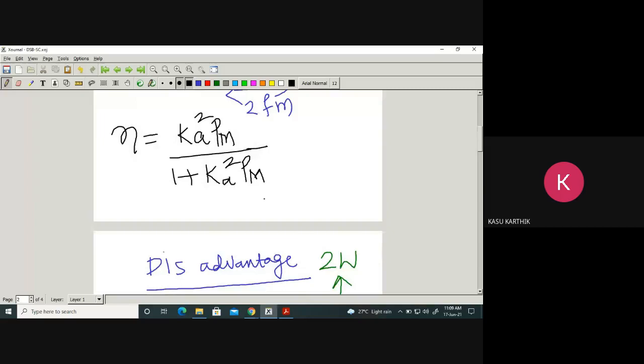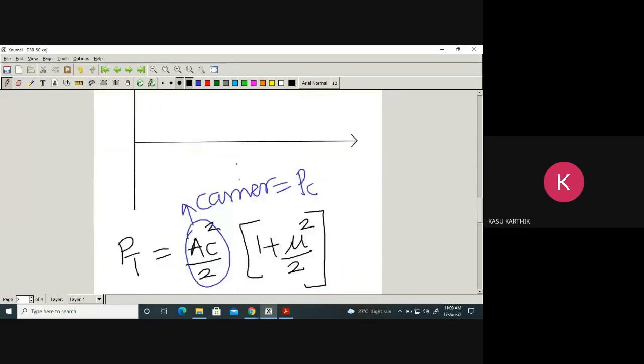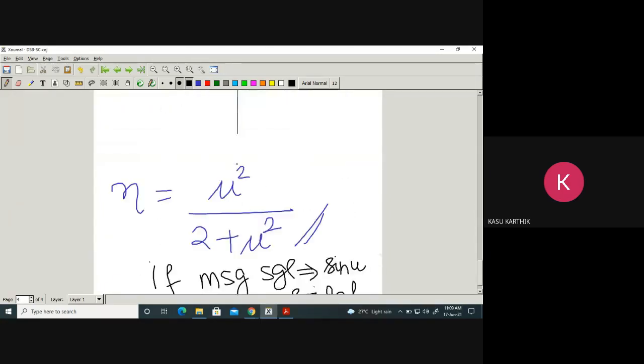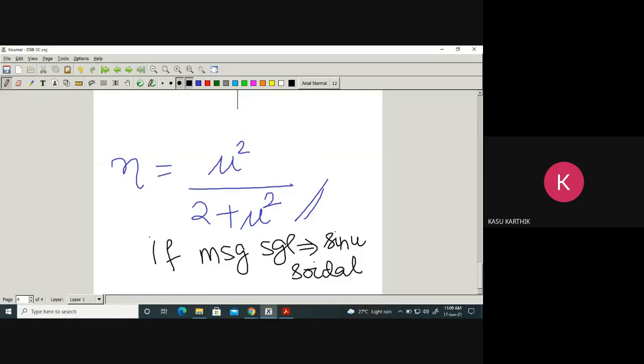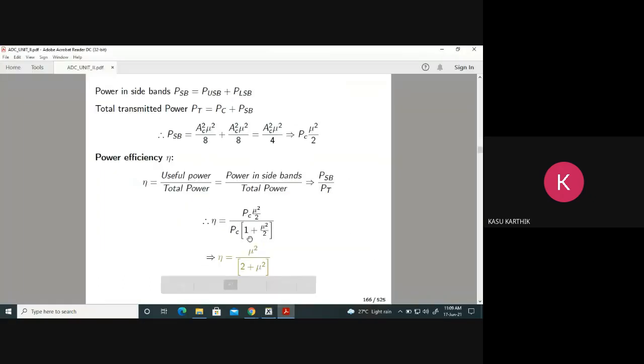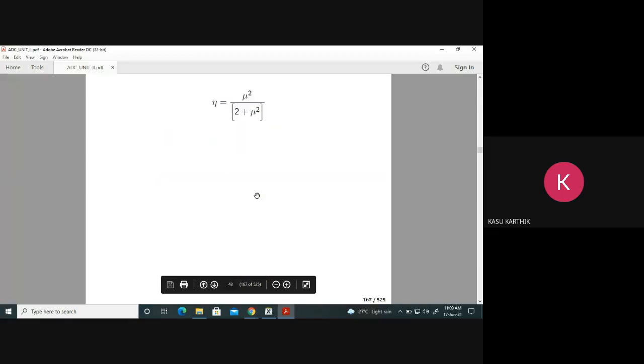This is the general formula. And this is particularly for if m(t) happens to be a sinusoidal signal. Okay. So this is very, very important. You must remember this formula.